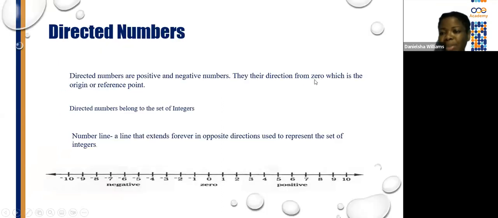Directed numbers can be represented on a number line, or for some, a real line. They take their direction from 0, and customarily your positive numbers are to the right of 0, which serves as your reference point, and your negative numbers are to the left of 0.